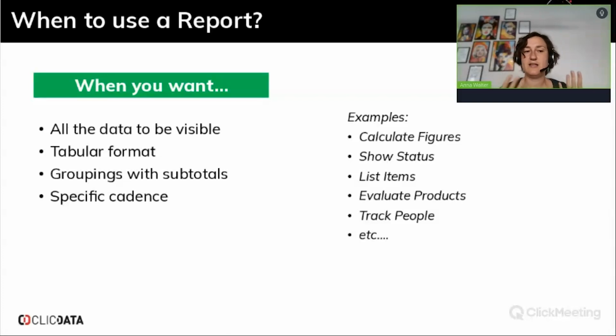And also if you want to share this at a specific cadence, for example, a status report or an end of the month report or a list of items, and these lists need to be generated and shared at a very specific cadence, like every month, every year, every week, for example. And that's something that you can automate, right? So a report can be scheduled and sent at a specific cadence and generated at the same cadence, of course, to share it with customers, with stakeholders, and teams.